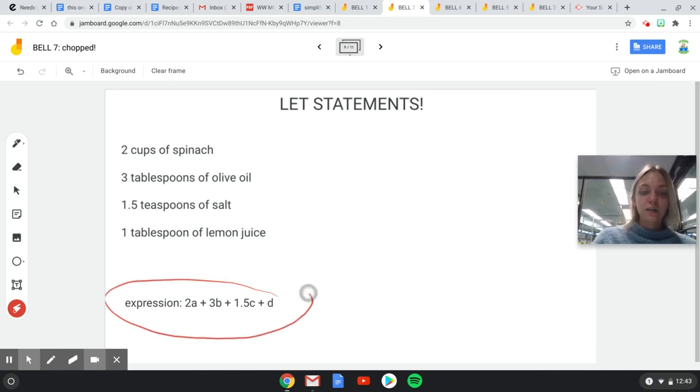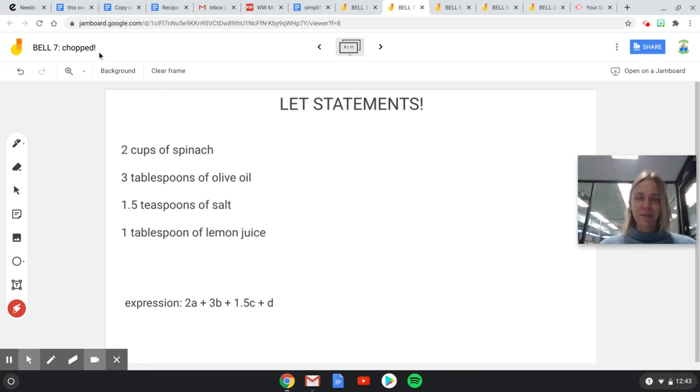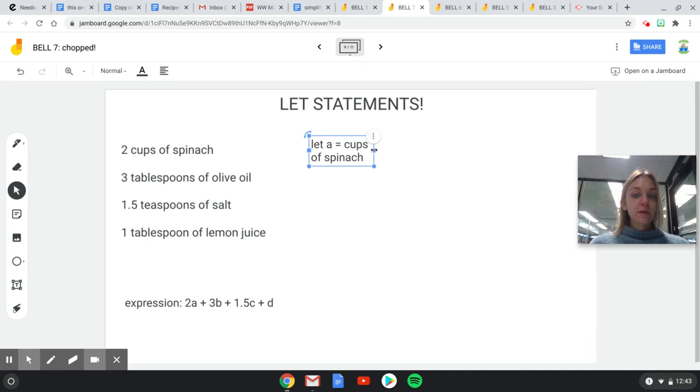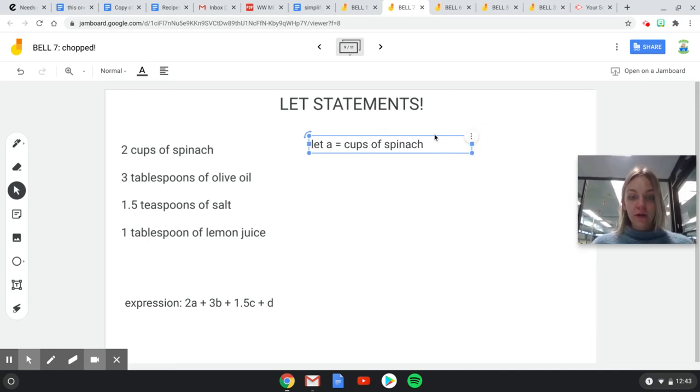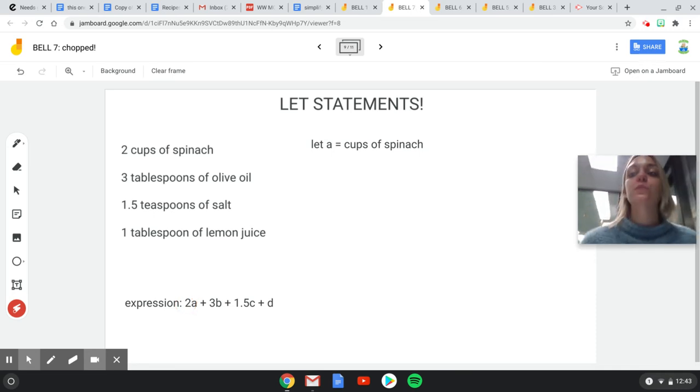And if we're looking down in our expression, we see that the variable A has the coefficient of 2. So for our let statement, we would type let A equal cups of spinach. Notice we're not including the 2 at all, because our expression down here tells us the 2 cups. We're only worried about the variable. The coefficient in the expression tells us how many units of that we have.